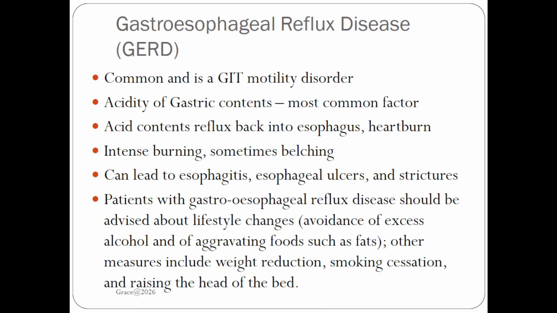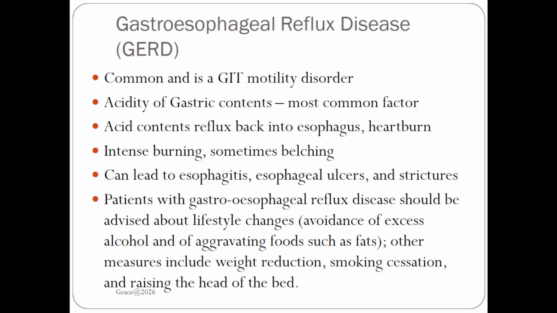Your patient who has gastroesophageal reflux disease should be advised on lifestyle change. That's avoidance of excess alcohol and foods such as fat. Other measures you may encourage are weight reduction if they are obese, and they should stop smoking in case they are smoking.